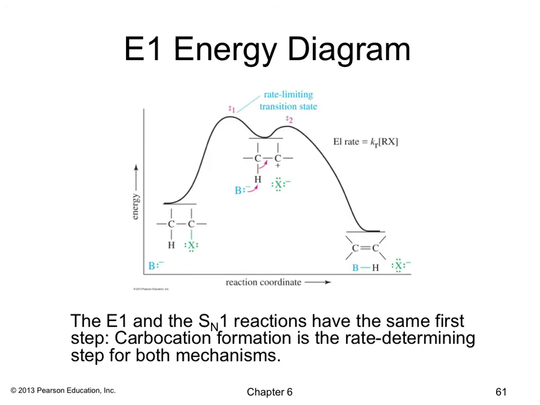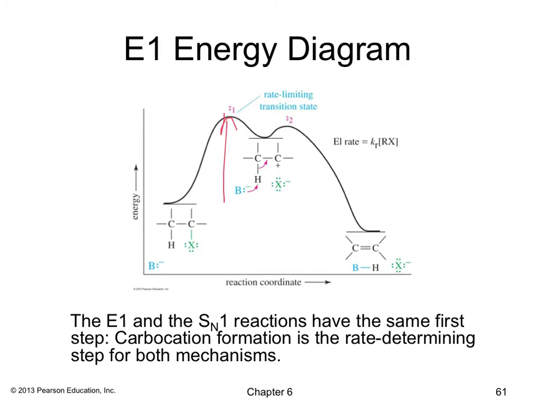Energy diagram akin to the SN1 reaction, you're going to have three states: your starting material, your intermediate, and then your product. The first step is going from your starting material to the carbocation shown above here. That first transition state is the rate determining step.